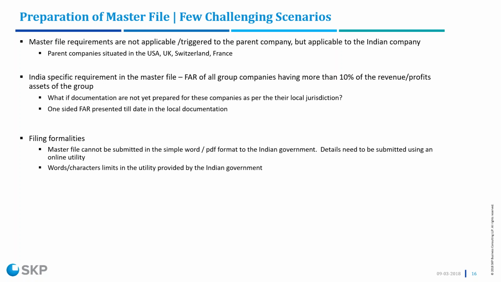So precis writing itself is a challenge. But to condense into 1,000 words, especially if I have an ultimate parent with diverse lines of businesses, like a cement company, a motors company and an IT company, I don't know how they're going to consolidate all this and bring it down to 1,000 words. It's not just bringing it down to 1,000 words, it's consolidating the master file across my business lines and then trying to make some sense in those 1,000 words.